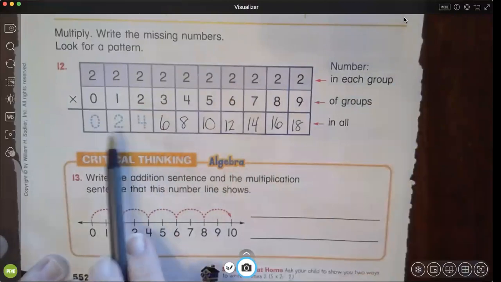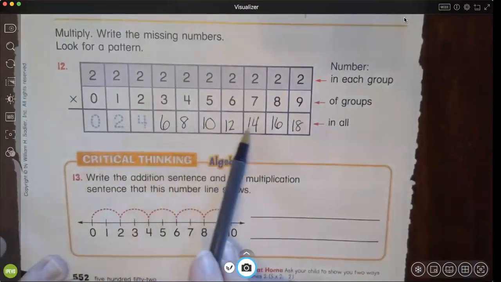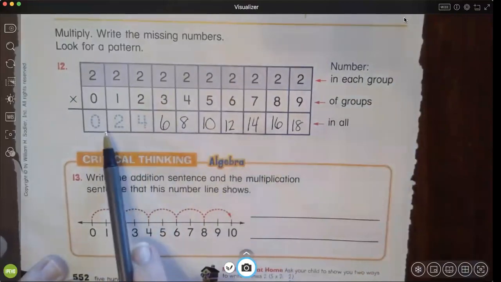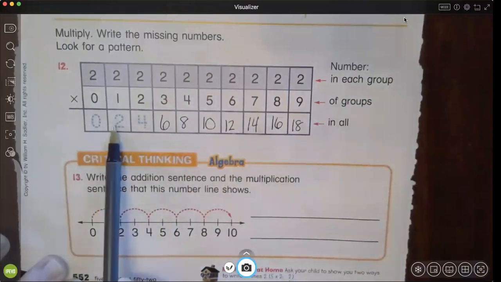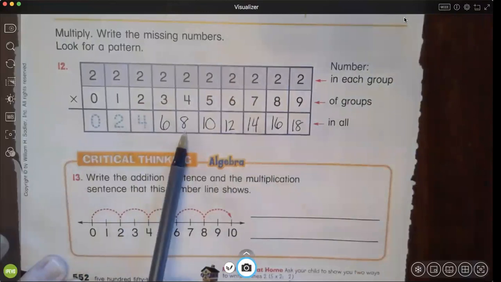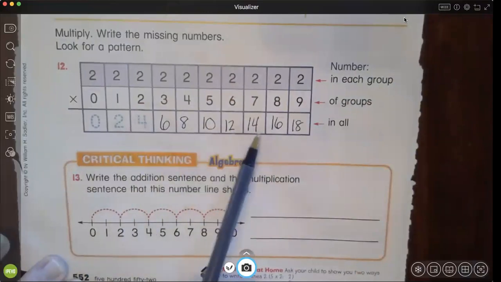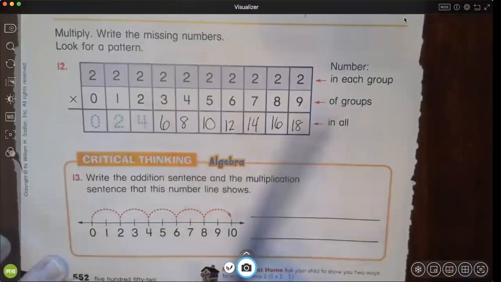Do we notice a pattern? We're counting by 2s each time. So we have 0, 2, 4, 6, 8, 10, 12, 14, 16, 18.